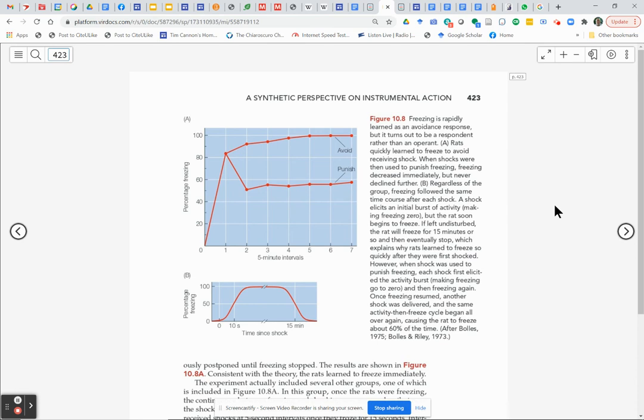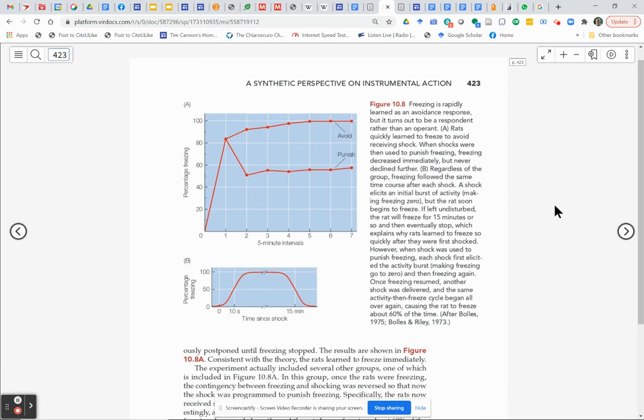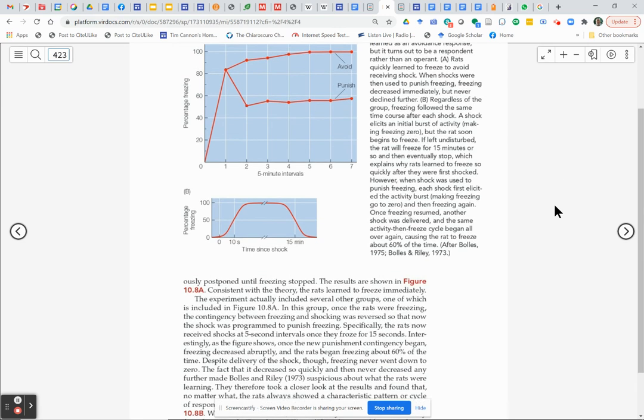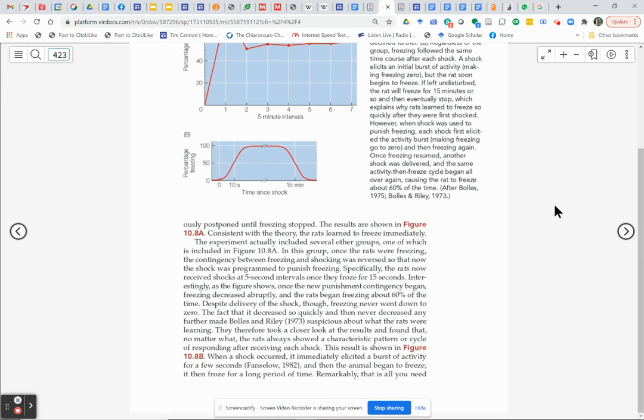But if you tried to punish freezing by shocking them, they just did not get it. They reduced their freezing a bit, but they could not suppress the freezing. So that's pretty brilliant, and that was important to me back in the day, the early 70s.